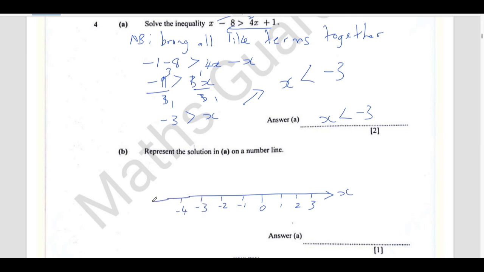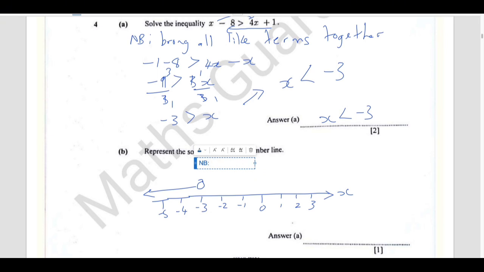Maybe let's just put another one, minus 5, so that we can show that the number continues. Now, we say that the value of x is less than minus 3. So we're going to put an empty circle, draw a line, and put an arrow to show that the solution goes up to negative infinity, because we've just been told that x is less than minus 3.